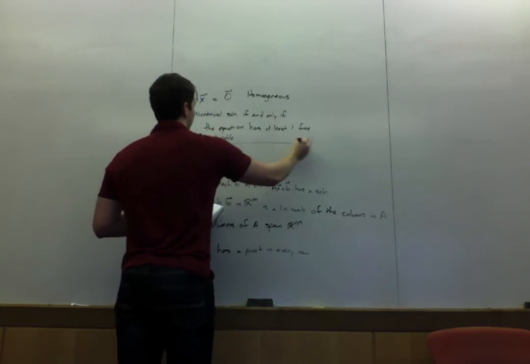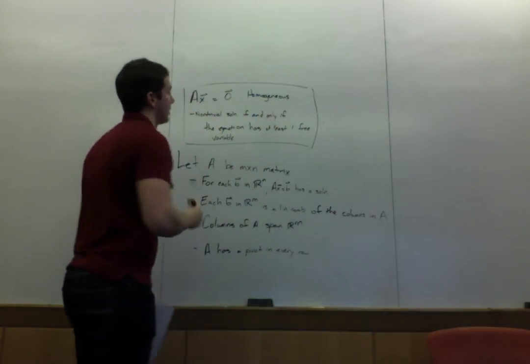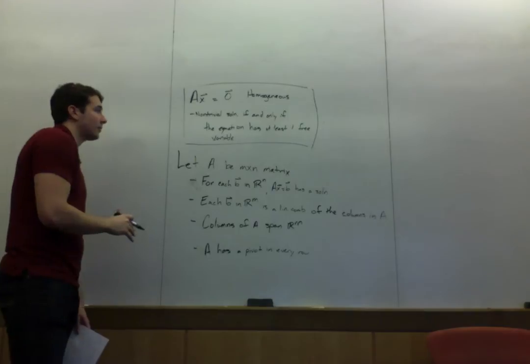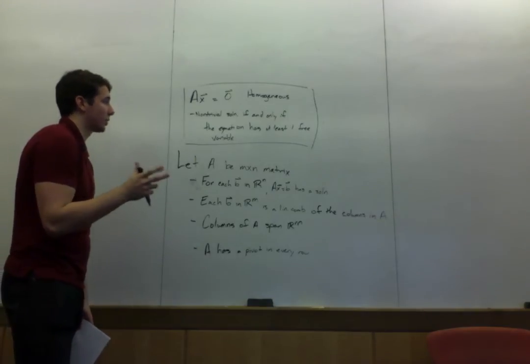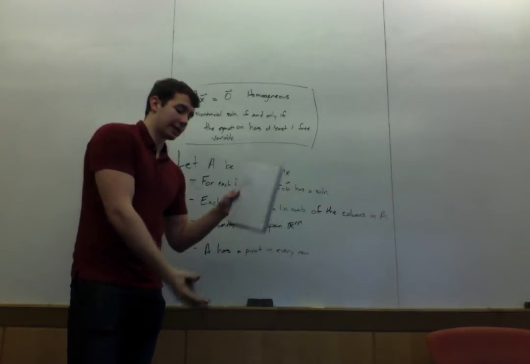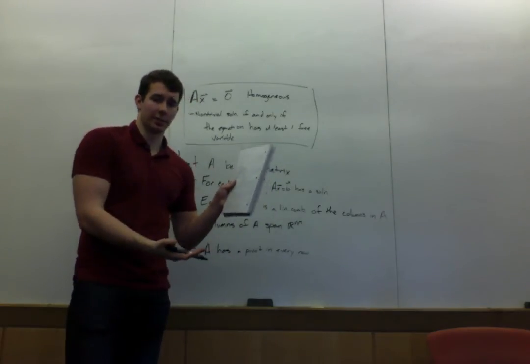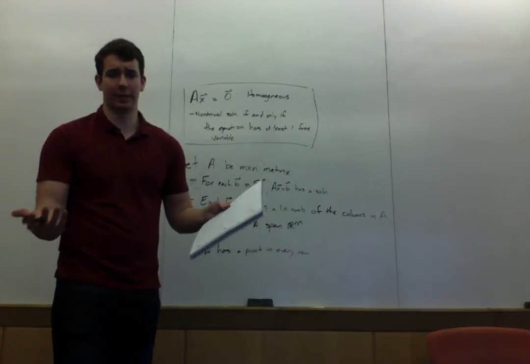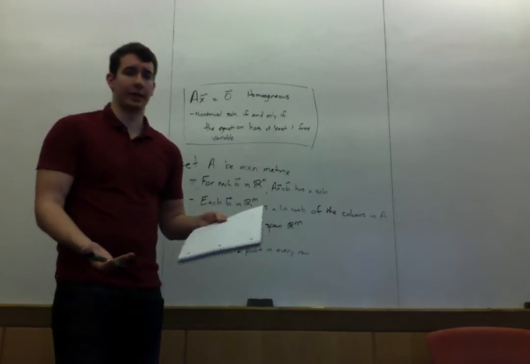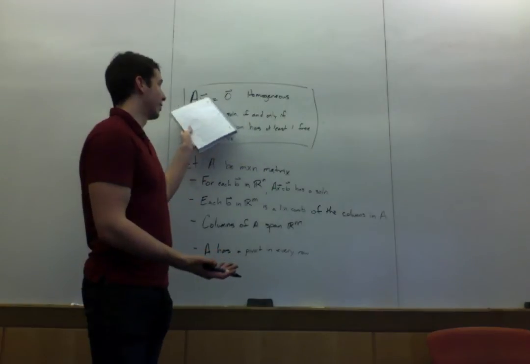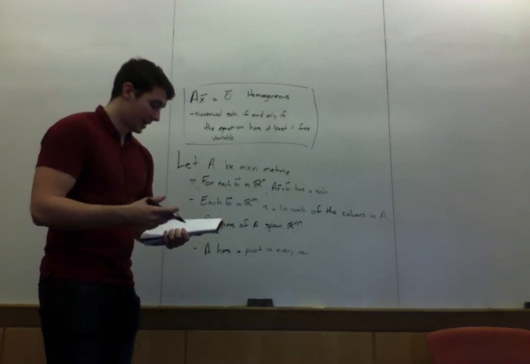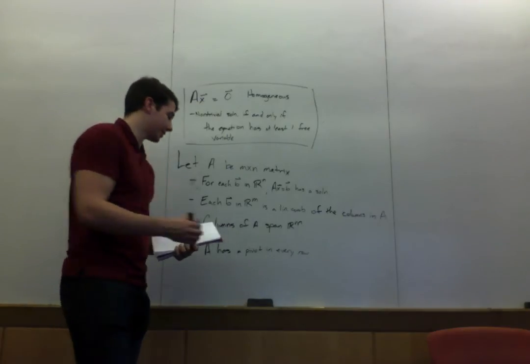So this is going to be important later on in the course. We'll learn some important corollaries to it. Just to really make clear, non-trivial solution means that our x vector is not just a column of zeros. That would just be 0 times everything, which is the trivial solution, because that would give us 0 no matter what A is. So we want to find something that is not all zeros, which we call the non-trivial solution.